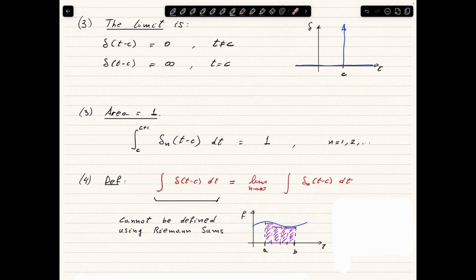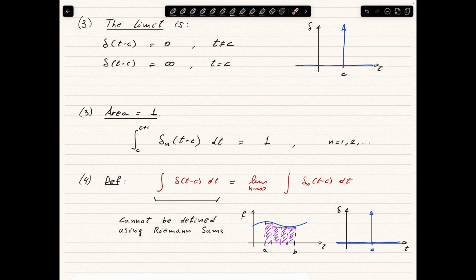Recall, when we have a nice function, a continuous function like this one, f, in the interval ab, we define the area under the graph of the function as the limit of Riemann sums, where we are adding areas of little rectangles, and we introduce more and more rectangles, and we get the exact area under the graph of the function. This is the procedure done by Riemann, and it's called Riemann sums.